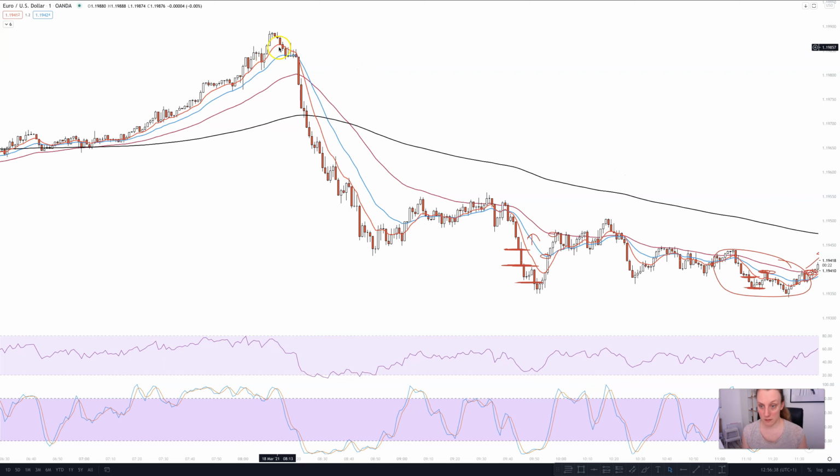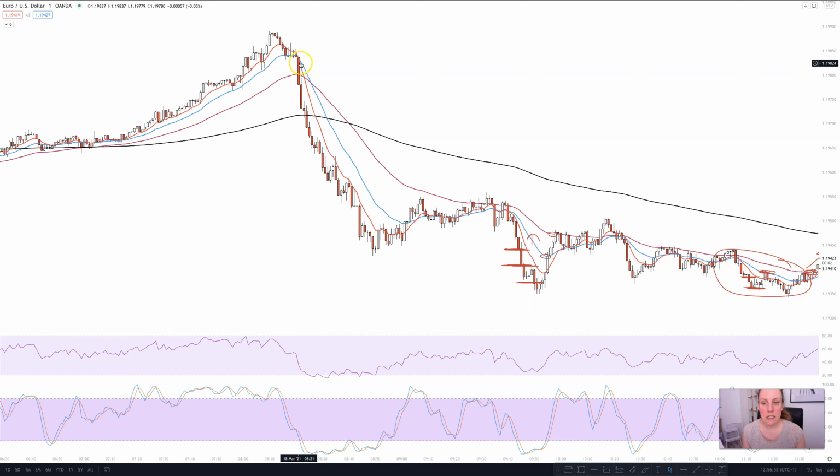So here you are in a trending market. At this point you see that the candlesticks never touch the 20 EMA. They always go to the 9 EMA, and that suggests a really strong trend.